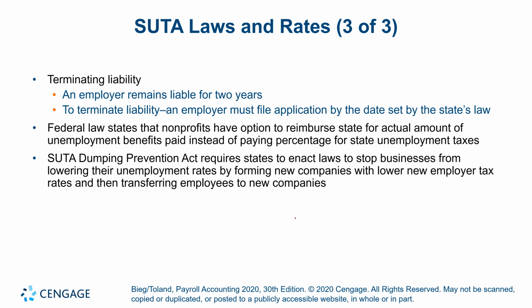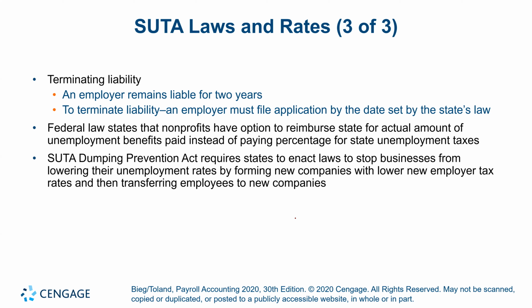It says the employer's liability will end as of January 1 of any year if during the preceding year the employer did not employ the required number of employees for the required time or did not have the dollar amount of payroll necessary to be covered. In most states, coverage cannot be terminated if the employer is subject to FUTA. So if they're subject to federal unemployment, they're going to be subject to state unemployment, basically.